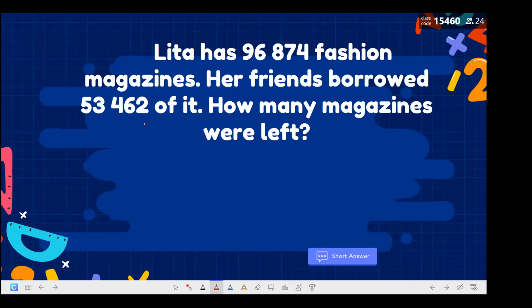Can you please answer what is the subtraction sentence in the given problem here? 96,874 minus 53,462 equals N. Wow, very good.